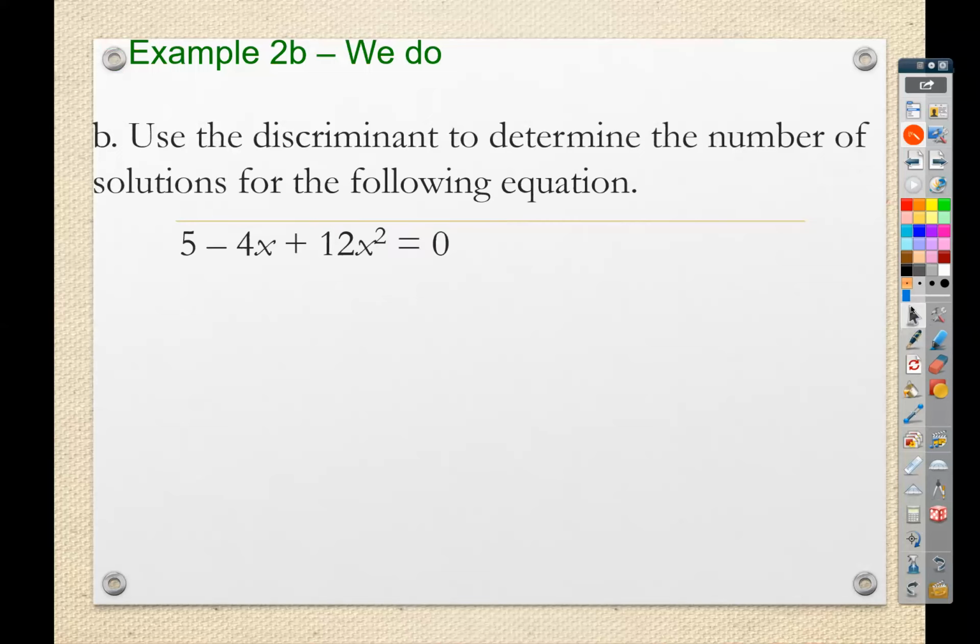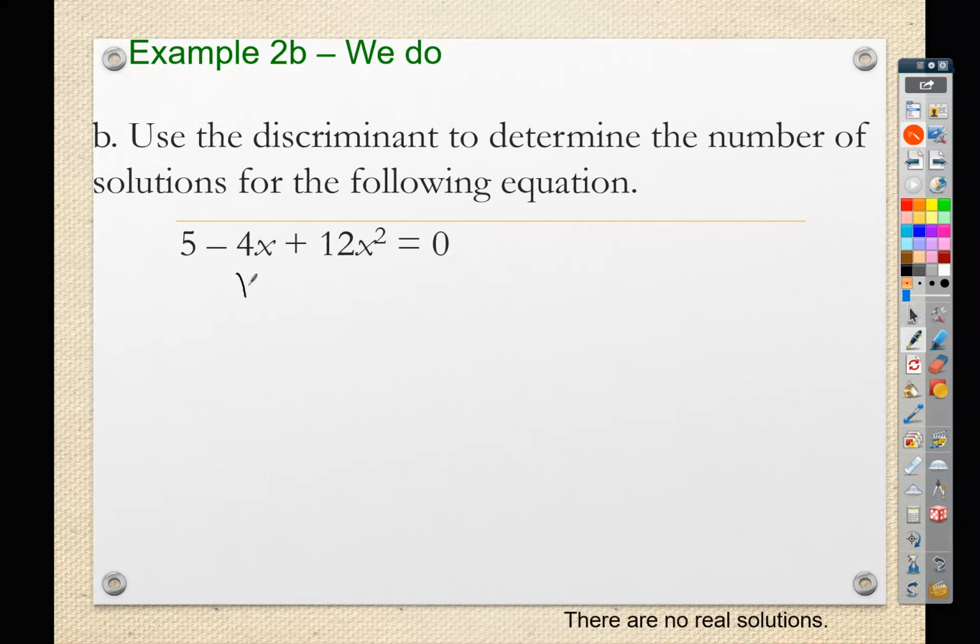Okay, same thing for this one. The difference is you have to put it in standard form first, okay? So we would need to write it 12x squared minus 4x plus 5 equals 0 before I get started. So I would have b squared minus 4ac.